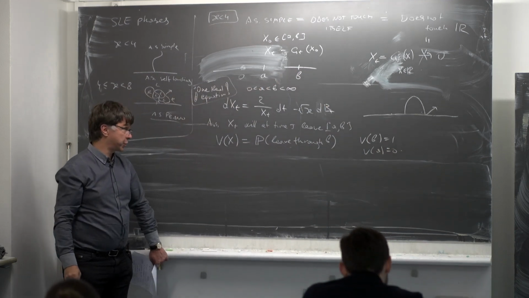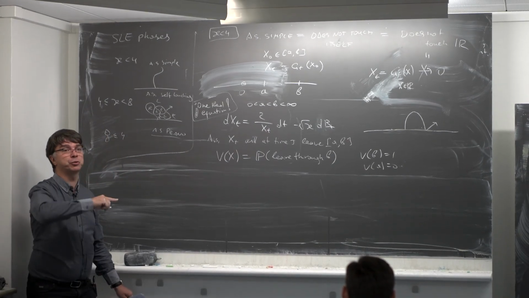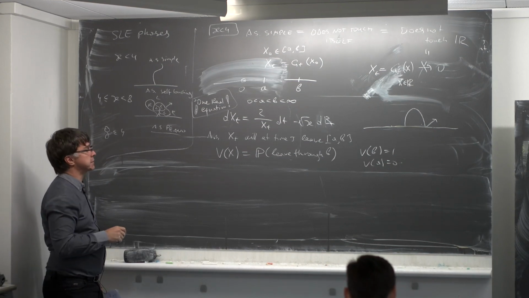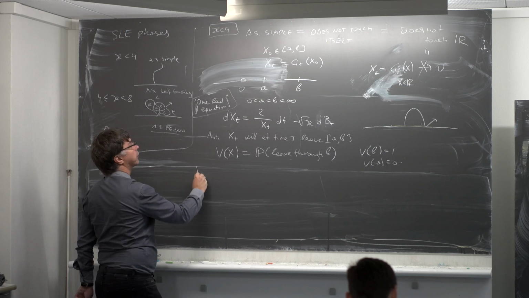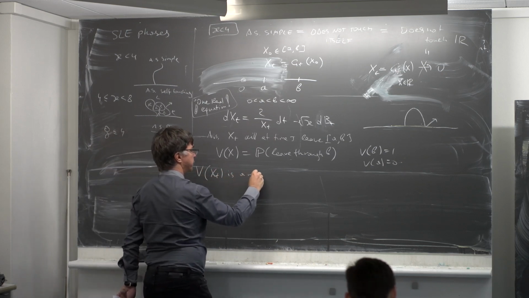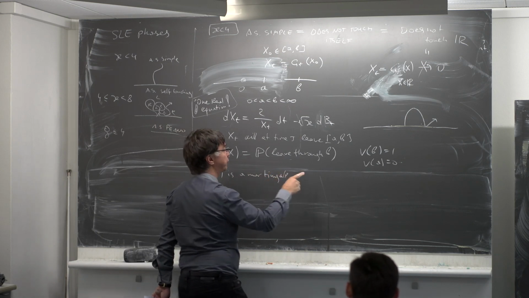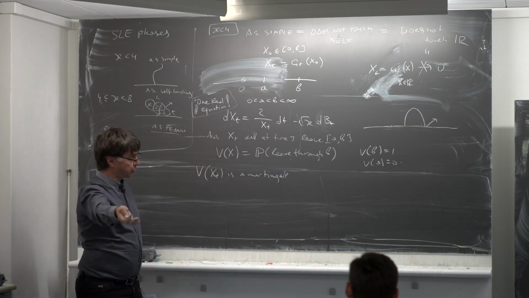If it were just Brownian motion, then it would be a harmonic function, so it would be linear between 0 and 1. But here it's non-linear. So v of X_t is a martingale. At time tau, when we hit, we learn whether we left through right or through left.